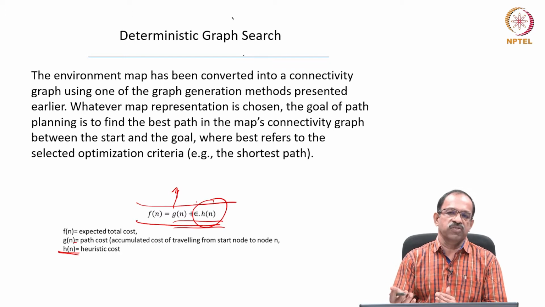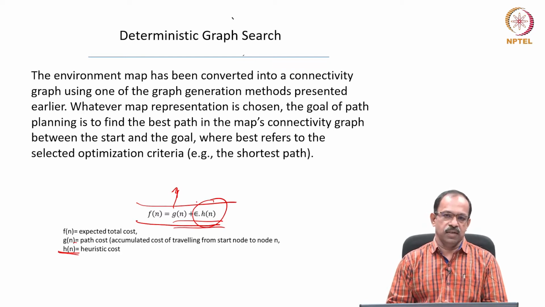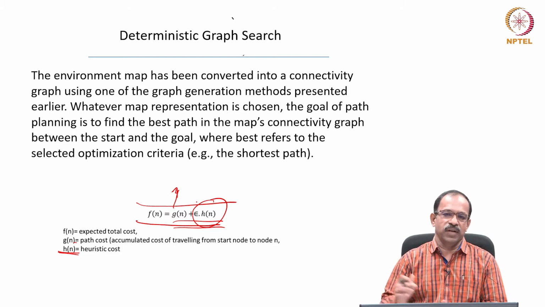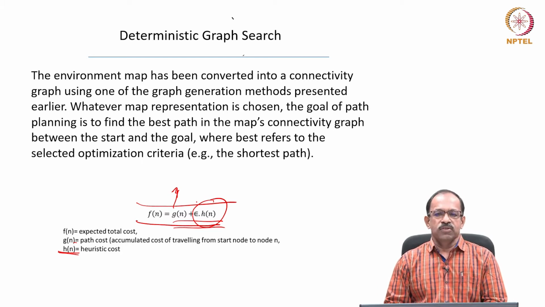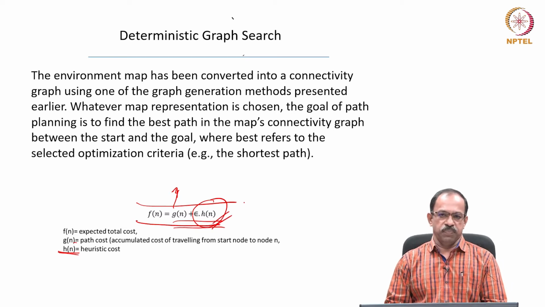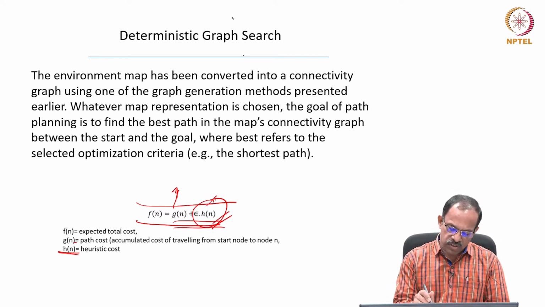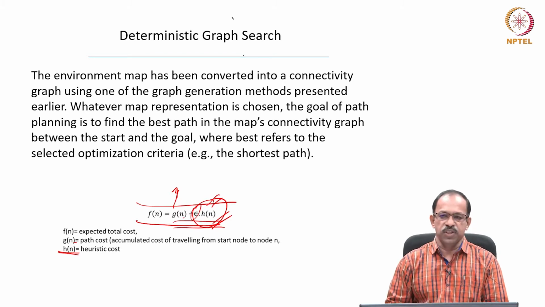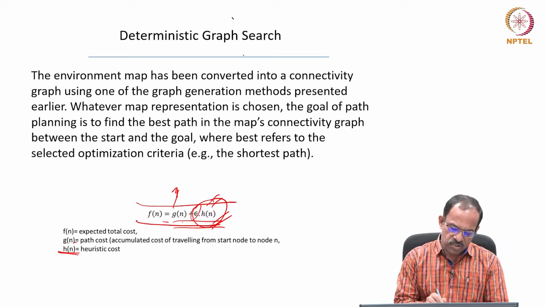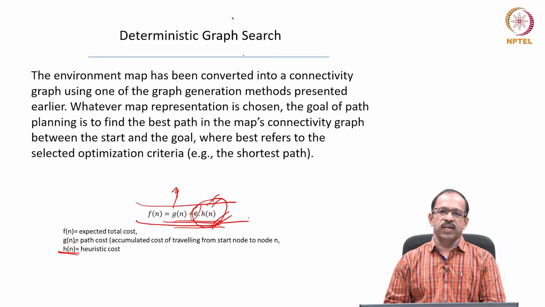This heuristic cost is designed by the programmer or the designer of the search method, and it can be decided based on the strategy we adopt. If there is no heuristic cost, we put epsilon as 0, and if there is a heuristic cost, we put epsilon equal to 1, and then we have Gn plus epsilon Hn as the cost function.